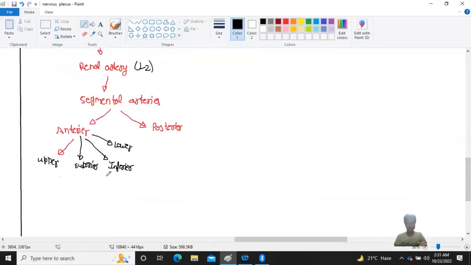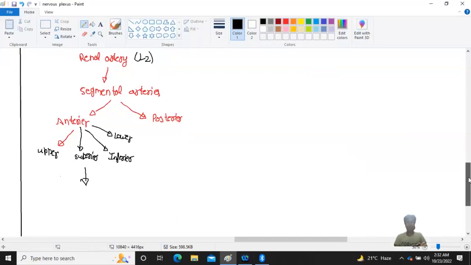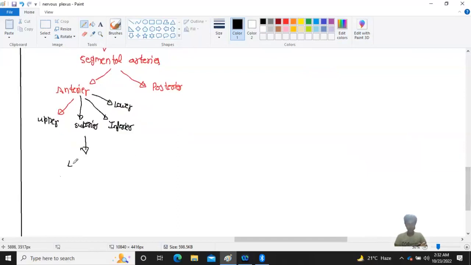We take only one segmental artery, let's say this is the superior. Each artery then goes into the lobar artery. Again a division basically, lobar artery, then again interlobar artery.